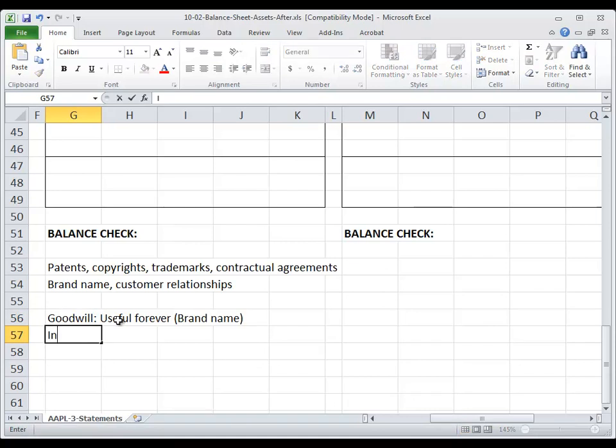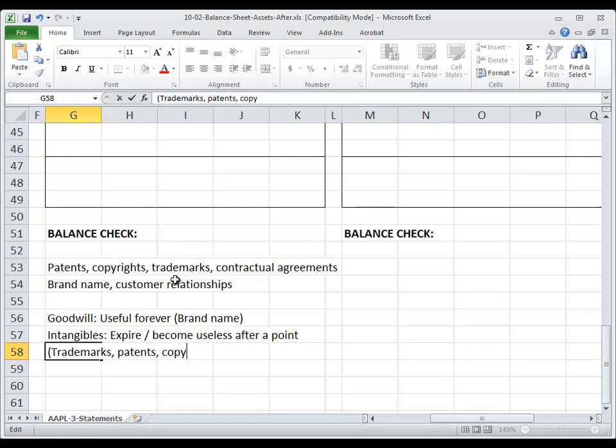Whereas intangibles expire or become useless after a point. So examples for intangibles might be trademarks, which expire after a certain point in time, or even any of the items listed right here. Patents, copyrights, contractual agreements, anything like that. So that's one way you can think about it.